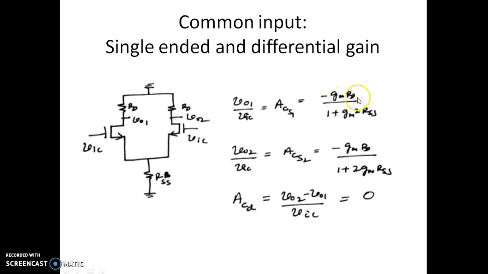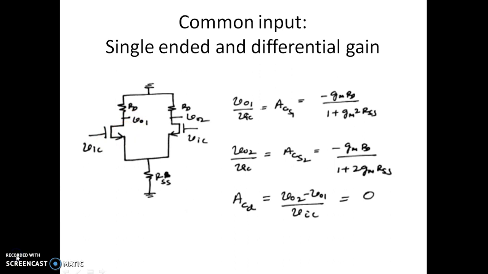Their gain is minus GM RD divided by 1 plus GM into 2 RSS, for single-ended VO1 and likewise for single-ended VO2. If you find the differential output voltage, surprisingly, since these two are the same, they are going to cancel out. The gain of the amplifier for a common mode signal happens to be 0.